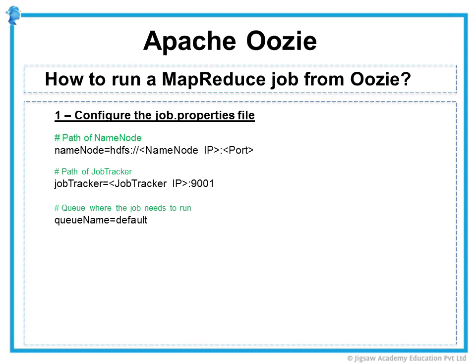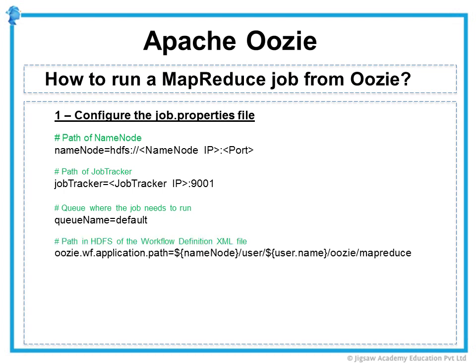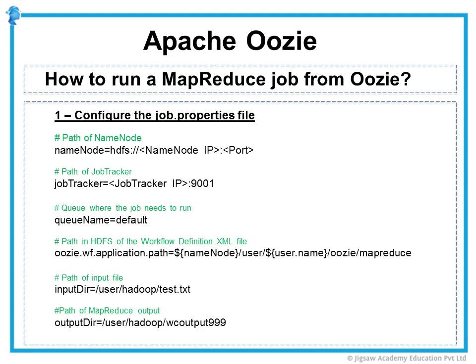Because the workflow XML file is what contains the definition of your Oozie workflow, it is mandatory to configure this property in this particular file. Here the path that you have provided refers to the path in HDFS, and note that the name of the file has to be workflow.xml. So we'll see that in a couple of minutes. And you can also configure the input and output paths for your MapReduce job.